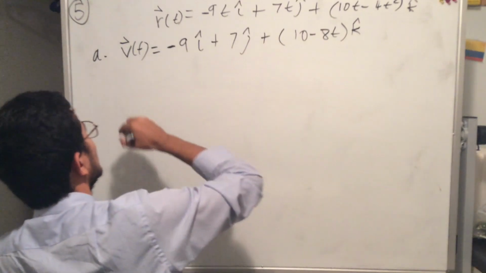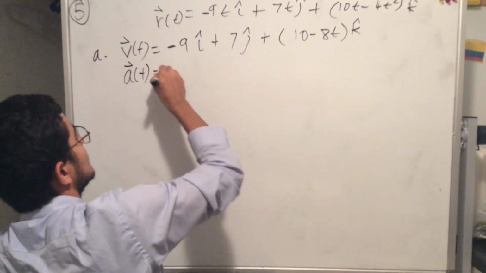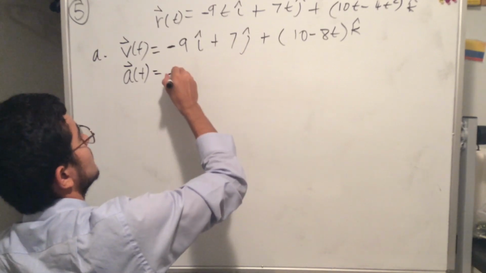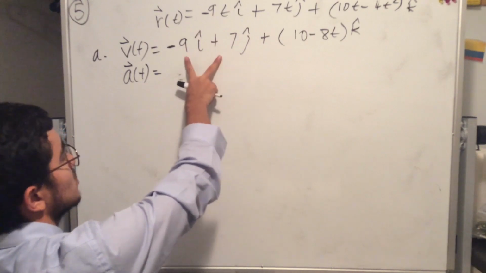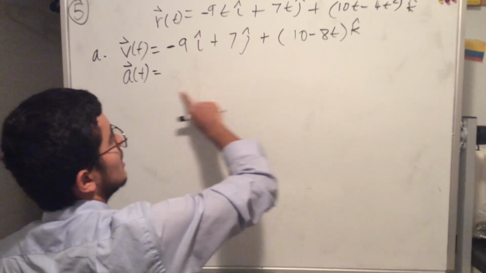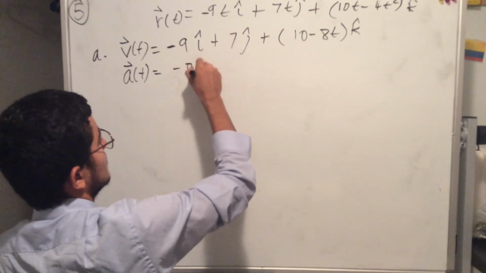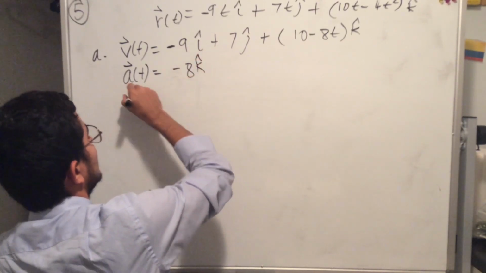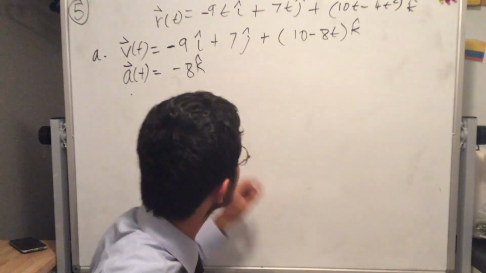Now let's find the acceleration vector function. This is a constant, this is a constant, so that's going to be 0. We're going to be left with negative 8 k hat. There you go. So those two are the velocity and acceleration vector functions.